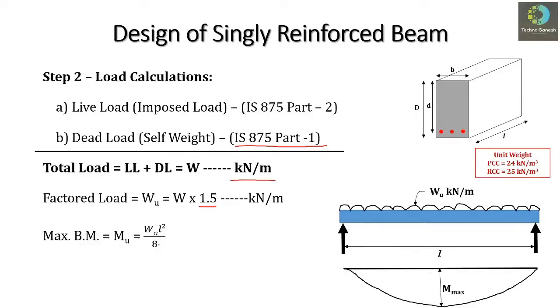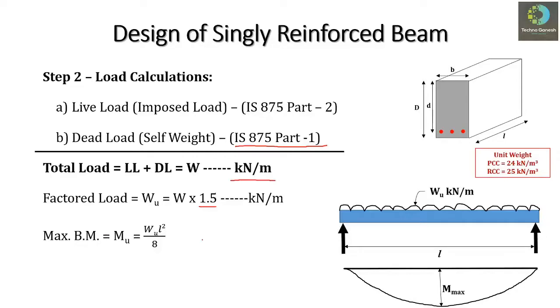So from this you will get the maximum bending moment, and this maximum bending moment is to be borne by the beam, or is to be sustained by the beam. Or in other words, or in simple language, we can say that we have to design the beams in such a way that the beam can carry this moment effectively.